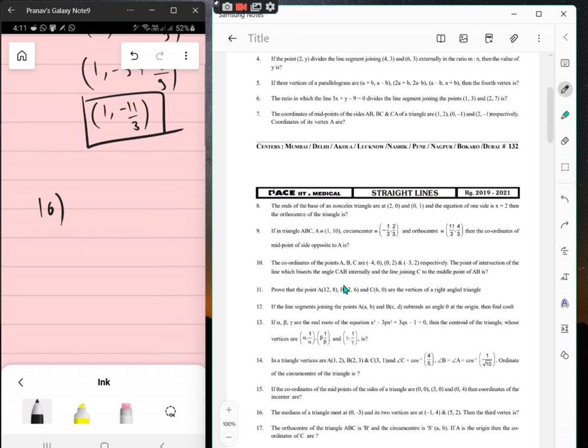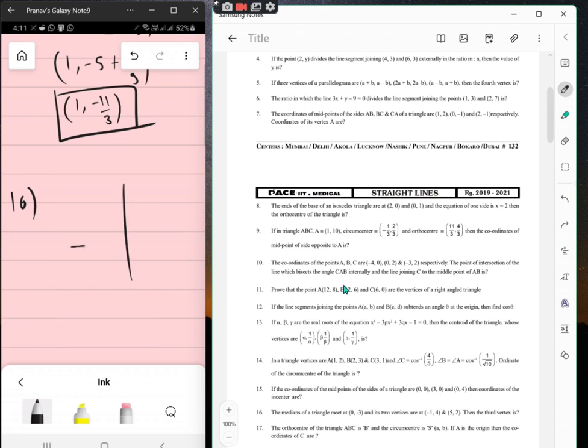Okay. The coordinates of the points ABC are given. Let's draw this. (-4, 0) is something like this. (0, 2) is going to be like this. And (-3, 2). Wait a second, this thing is also 2, and yeah, there is no symmetry and stuff.